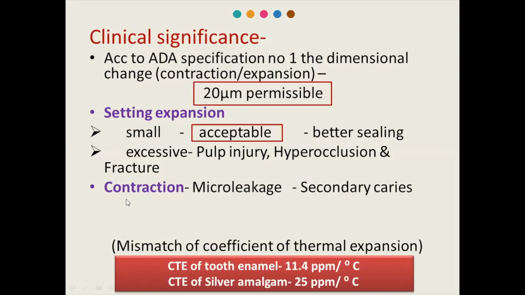Now what about the contraction? In contraction, the restoration shrinks, and because of the shrinkage there will be a gap between the tooth and the restorative material. That is known as microleakage.